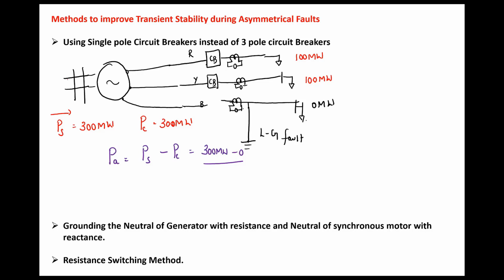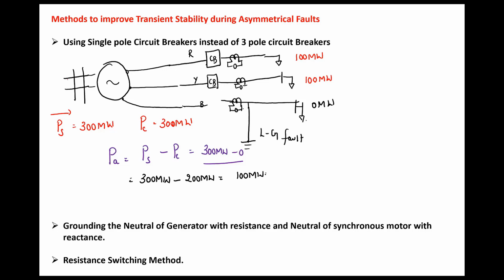In this case, what is your accelerating power? The shaft power is 300 megawatt, which is constant. What is the electrical output? The electrical output is 200 megawatt because one phase is not supplying. So here the accelerating power is 100 megawatt. So the acceleration undergone by the rotor is small, and the chances of retaining stability are more.